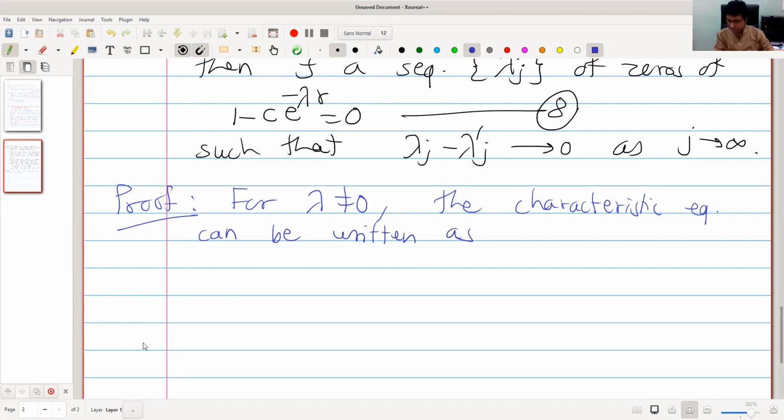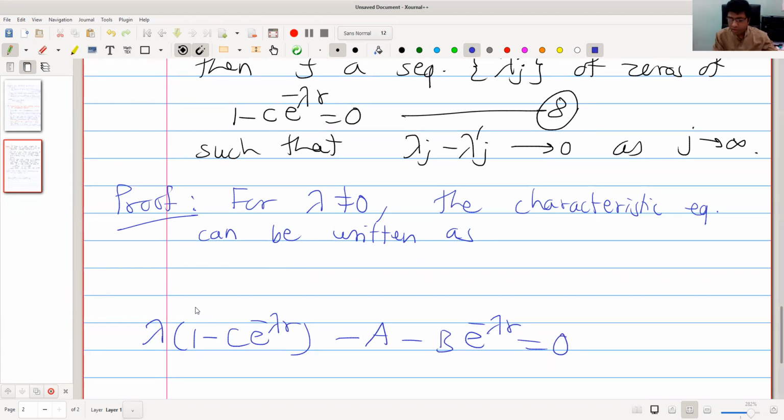What was our characteristic equation? It was lambda into 1 minus c e raised to minus lambda r, minus a, minus b e raised to minus lambda r, equal to 0. We rewrite this by dividing by lambda.